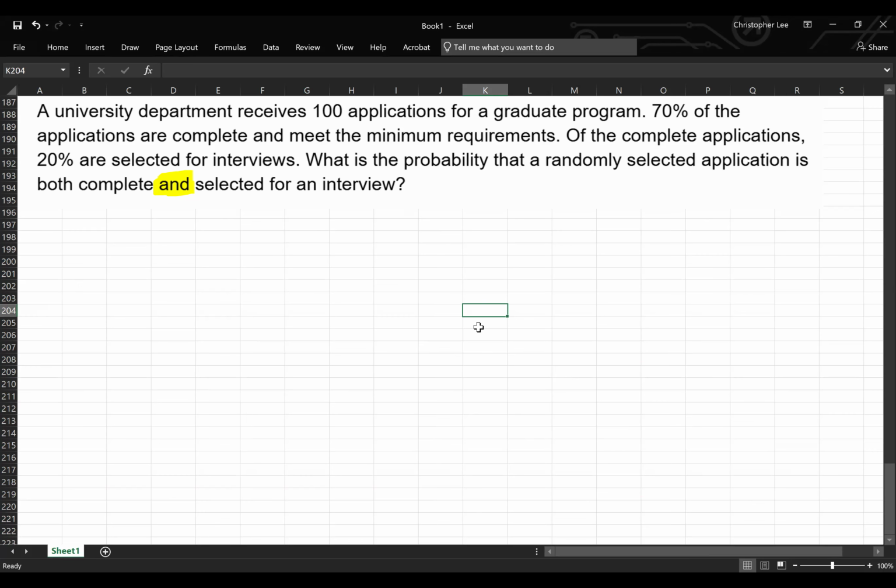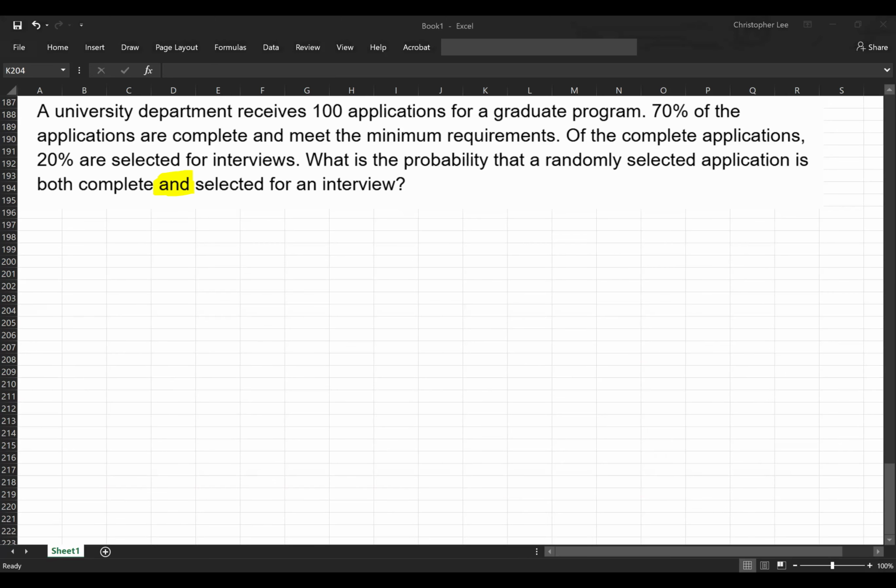So this is called a dependent event, right?